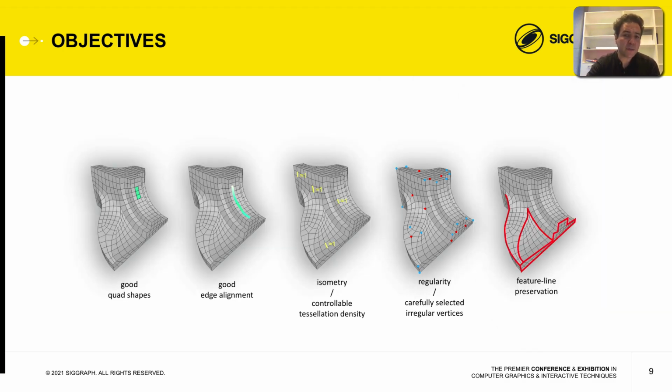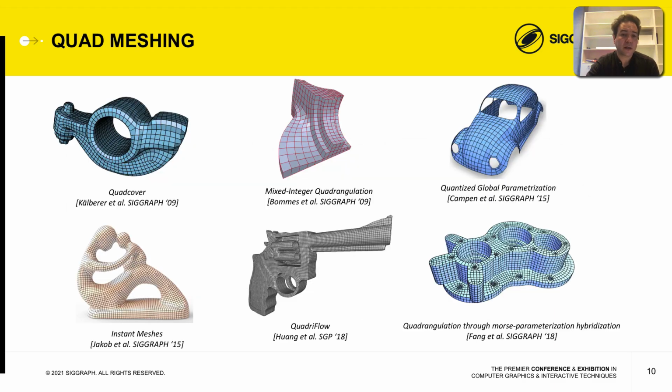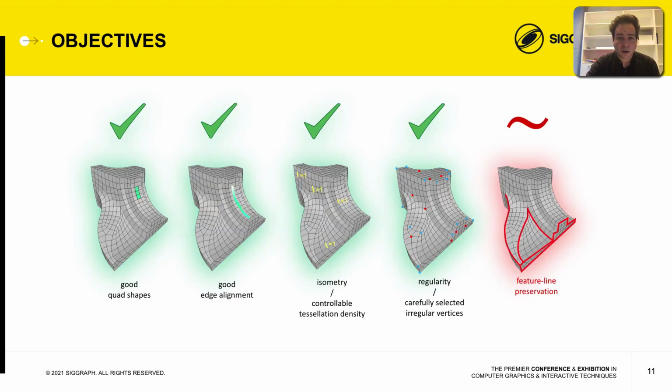Those are the main objectives for most of the quadrangulation methods that have been proposed in the last decade. While state-of-the-art methods mostly succeed in satisfying the first four objectives, they usually fail to preserve the sharp features for the general case.